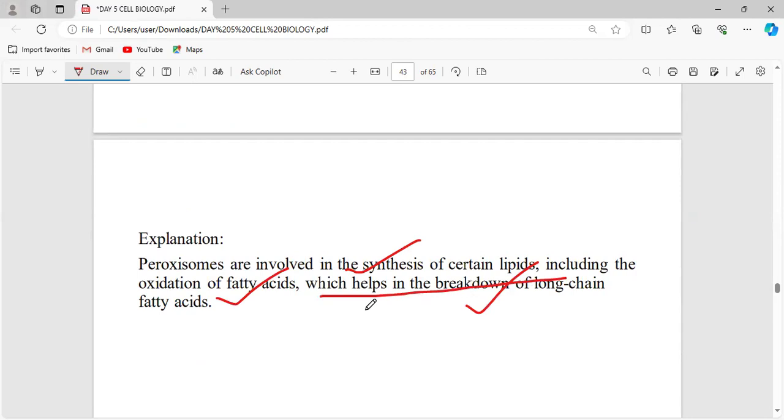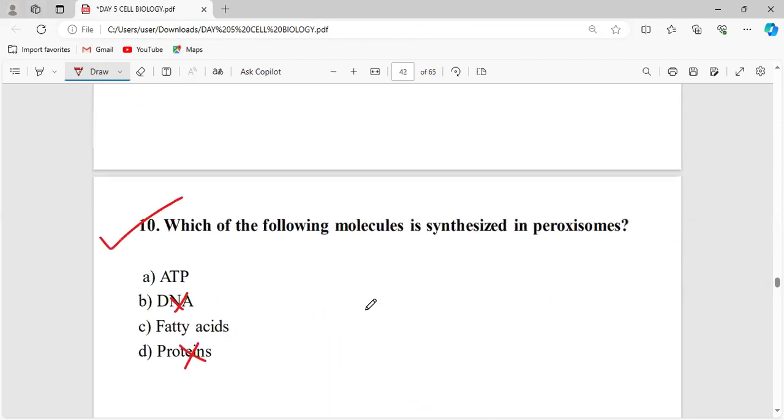As a result of breaking down fatty acids, what are we going to get by oxidizing the fatty acids?